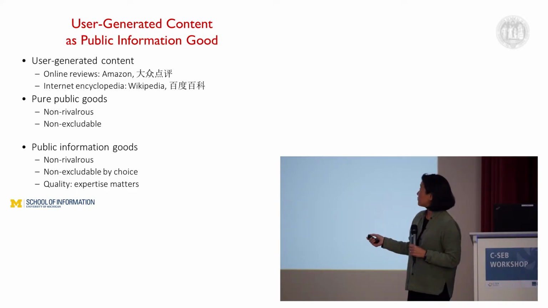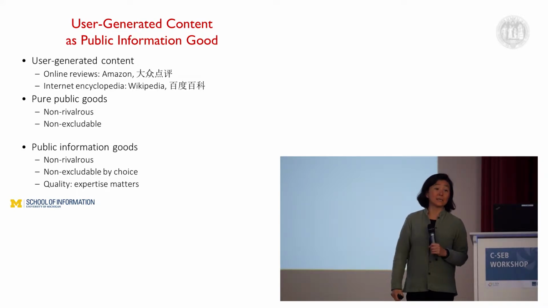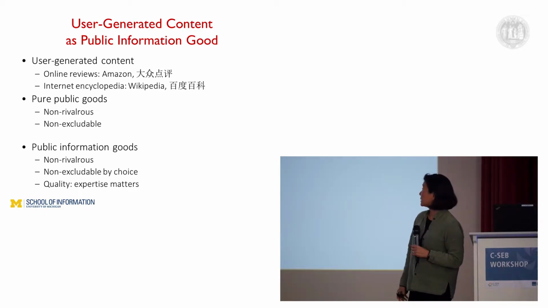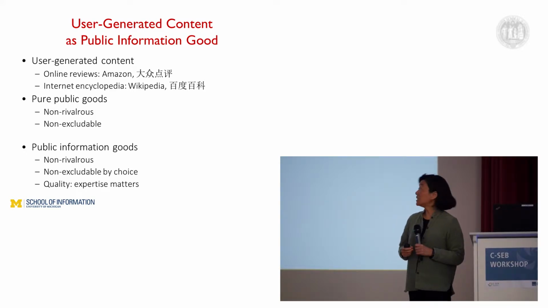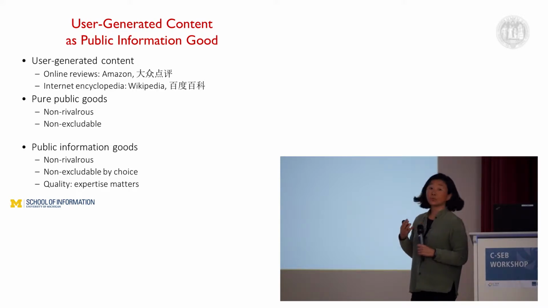So we have online reviews, Yelp, Amazon reviews, and very successful internet encyclopedias such as Wikipedia. In economics, we start from the idea of pure public goods, which by definition are non-rivalrous: your consumption doesn't reduce my consumption, and non-excludable.